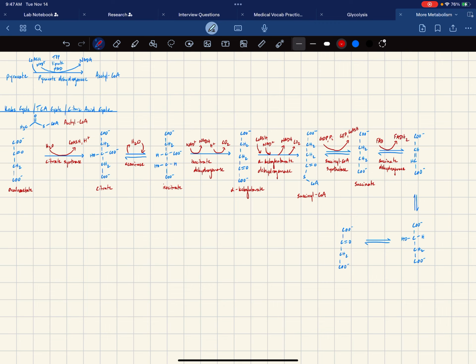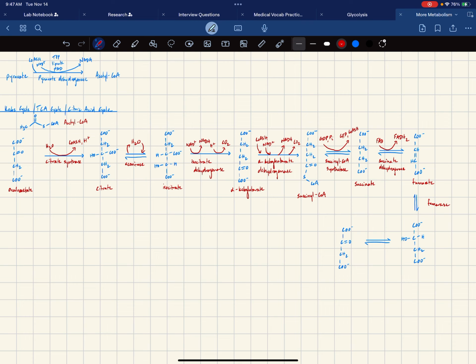And then we're going to get fumarate. Once we have fumarate, we have this double bond here, so we're going to try to break that. The way that we normally do that is with water, if you remember from organic chemistry. So this enzyme is called fumarase.